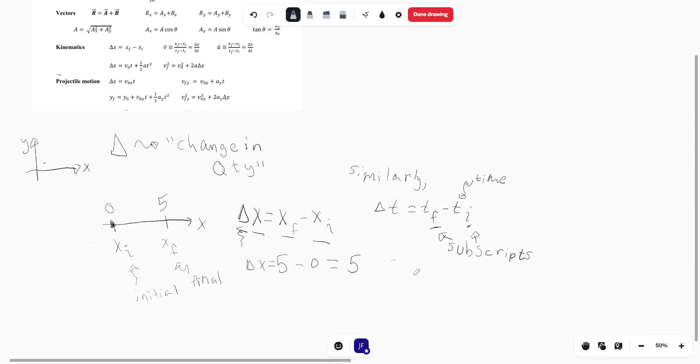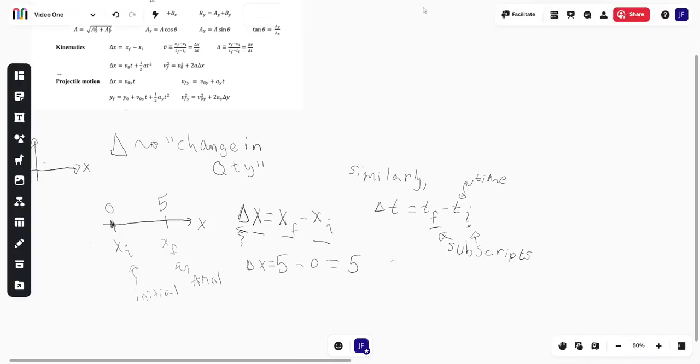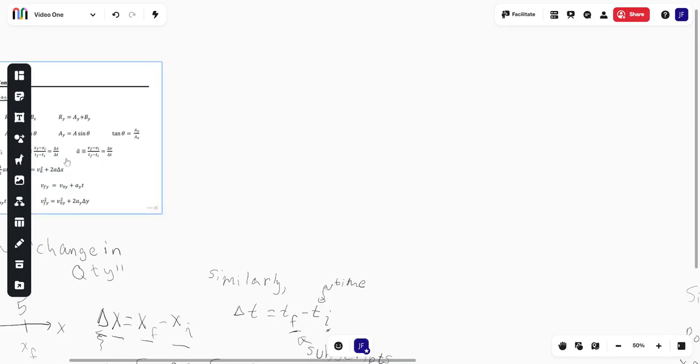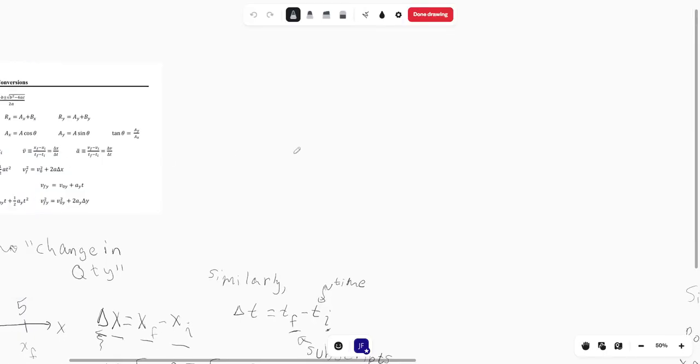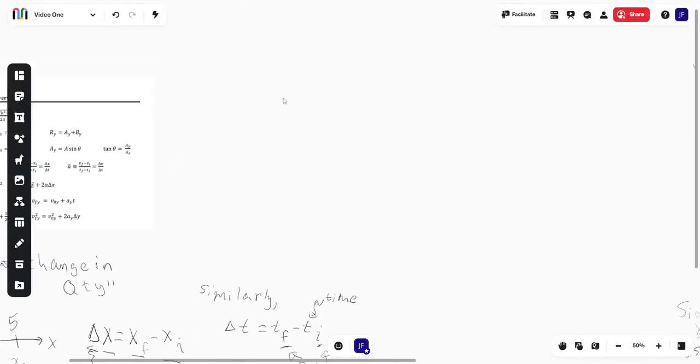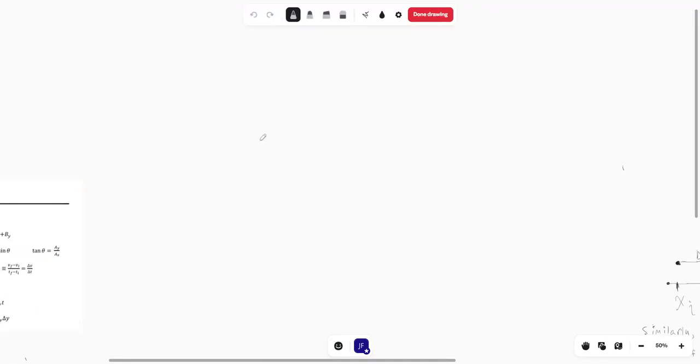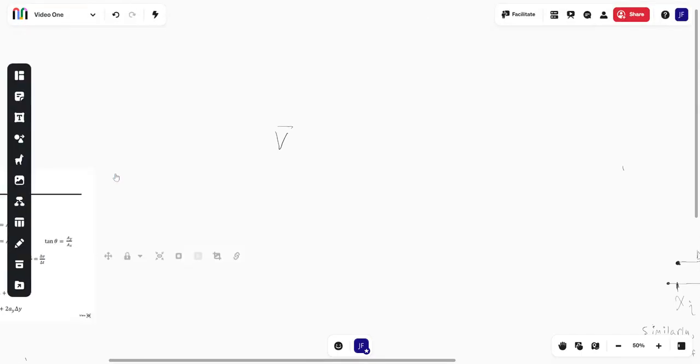Next, we're going to touch on these equations here, the v with the little line over it and the a with the little line over it, which are called v bar and a bar respectively. Let's say v bar, that's this guy.